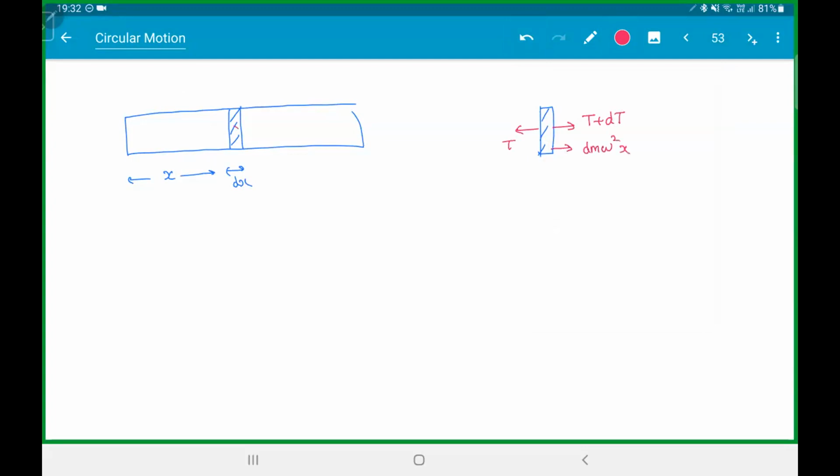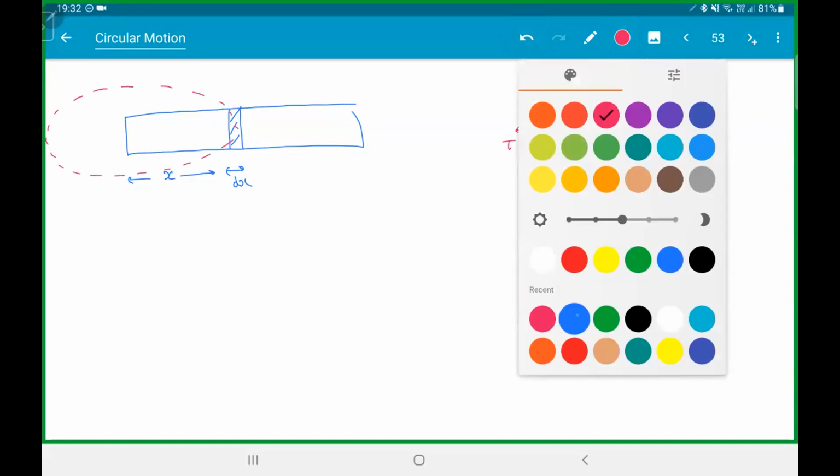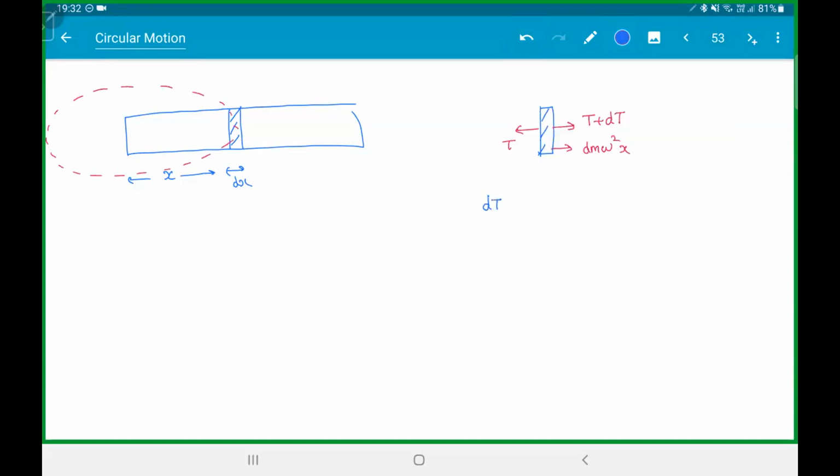So basically you're treating this small dx like a particle going in a circle. What is this dT? dT is the change in tension due to dx. So as you go a little forward, assume the tension changes by a small amount dT, the change in tension for dx thickness.